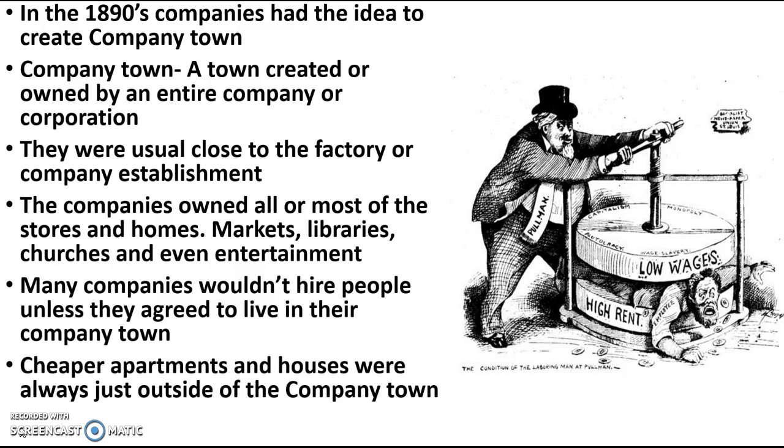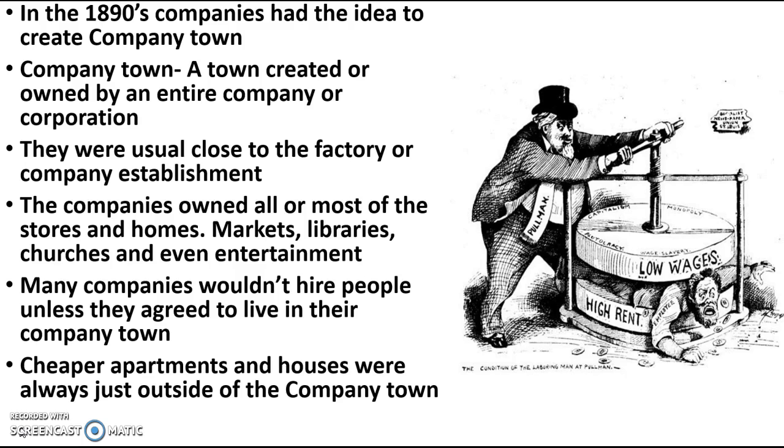They decide, we're going to set up an area over here, buy some farmland, make a factory, and then surrounding the factories, put houses and other buildings. Basically, the companies would own almost all of it, if not all of it: stores, homes, markets, libraries, churches, and even entertainment, the theater, the bars. There was a little pool hall, they would own that.